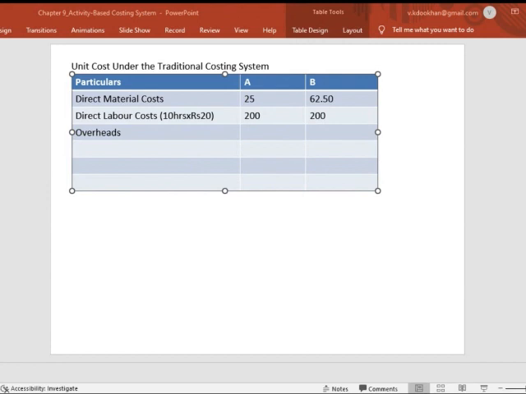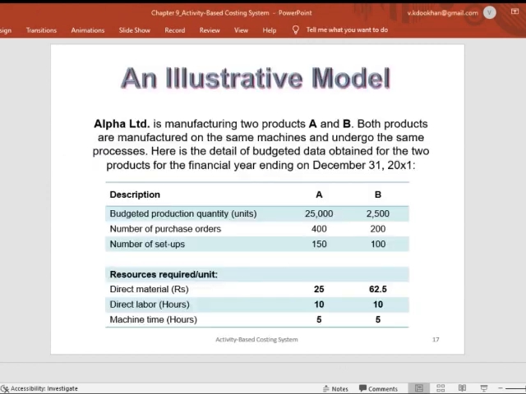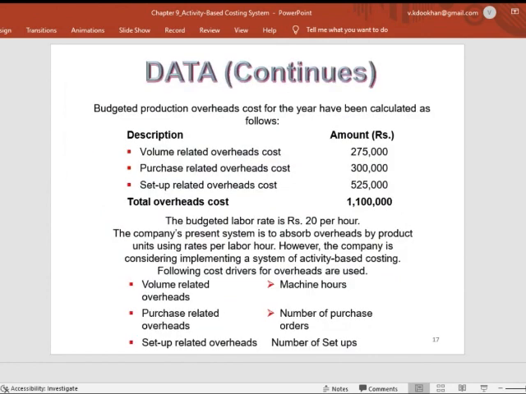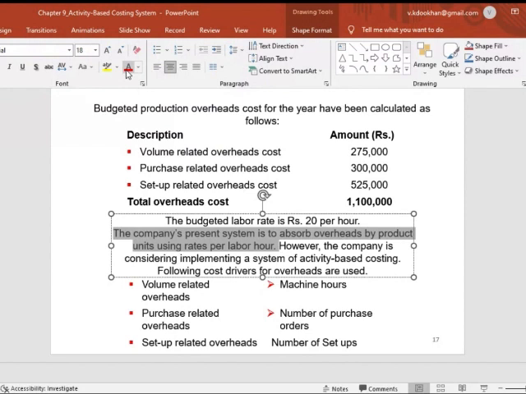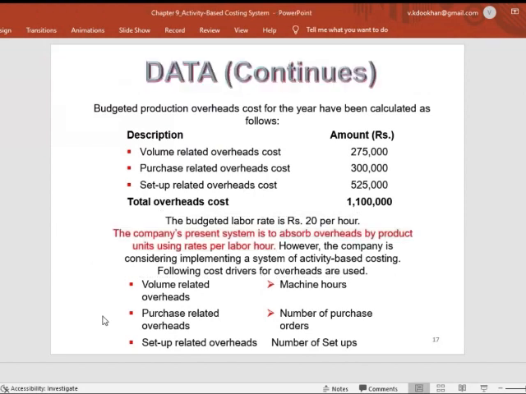The overheads matter, so we are going to get back to the question. It says that the company's present system is to absorb overheads by product units using rates of labor hour.